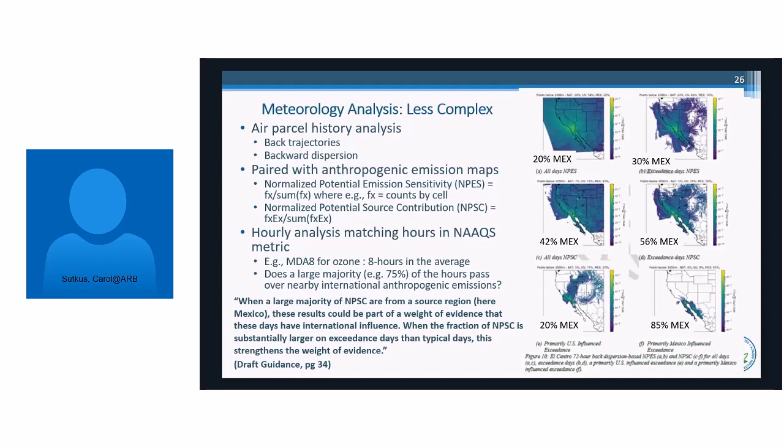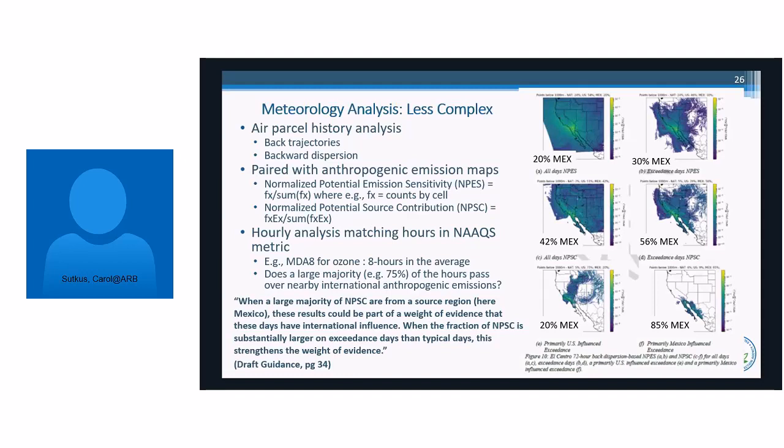If so, then you would be able to say when a large majority of normalized potential source contribution are from an international source region, these results could be part of that evidence, or they would support the weight of evidence for the demonstration. To put that more succinctly, when the fraction of normalized potential source contribution is substantially larger than U.S. contribution, those days would be identified as being from Mexico, for example.